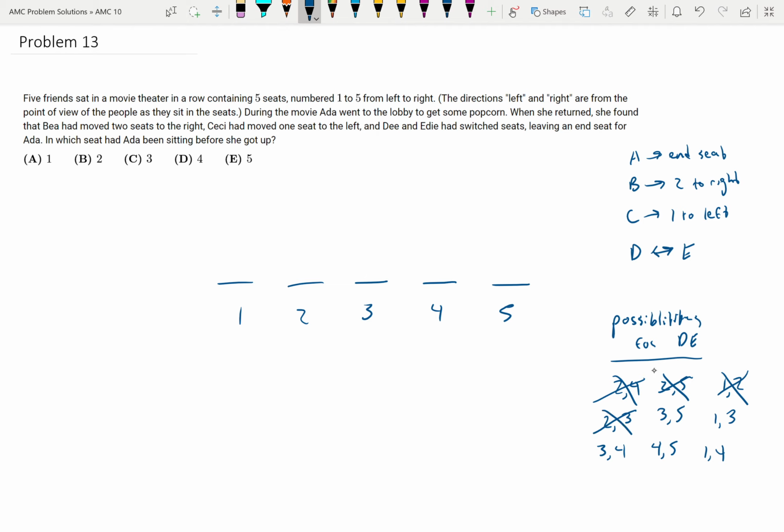Now 3 and 5, so D, E. C would have to go here, and there's nowhere B would be able to go here, so that won't work.